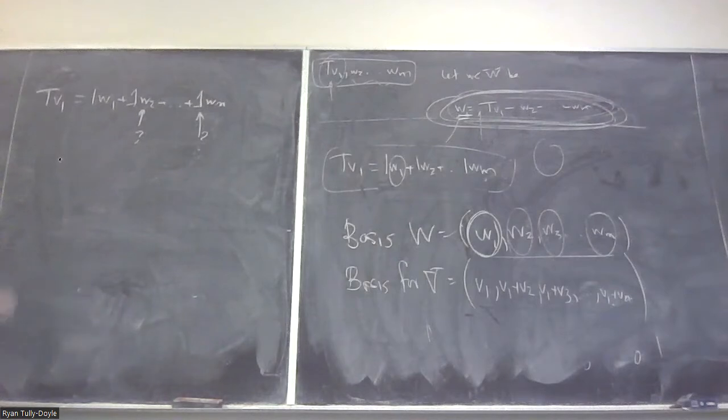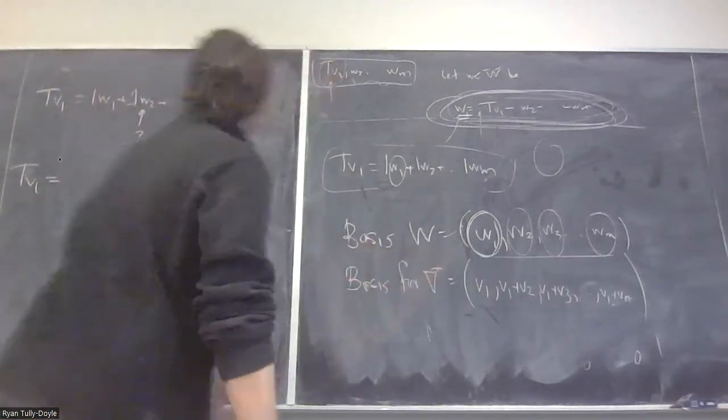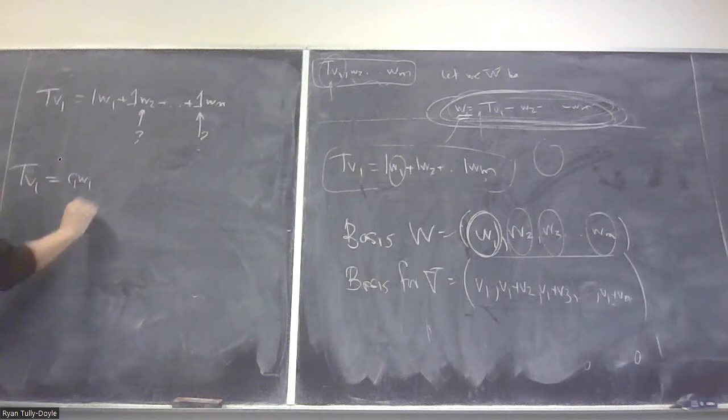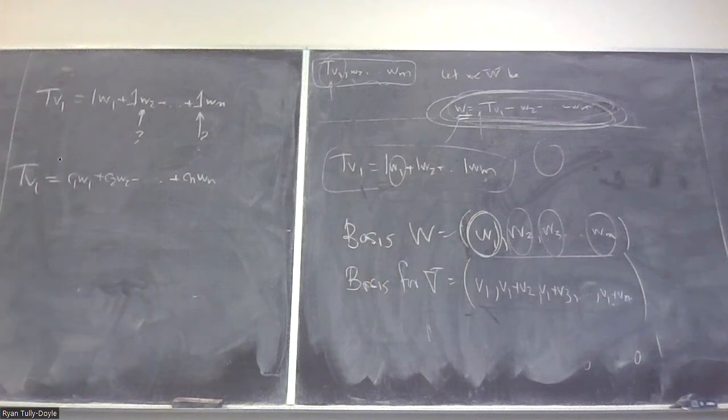So let's see. TV1 is equal to, well, we know what TV1 is equal to. In terms of this basis, it's something like C1W1 plus C2W2 ... plus CMWM. That must be true, right?